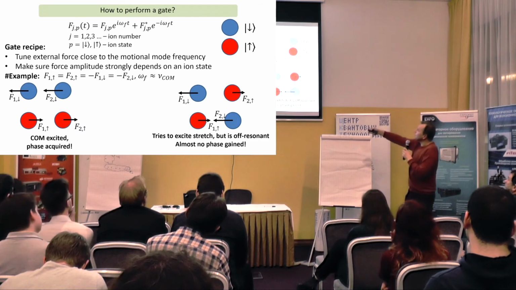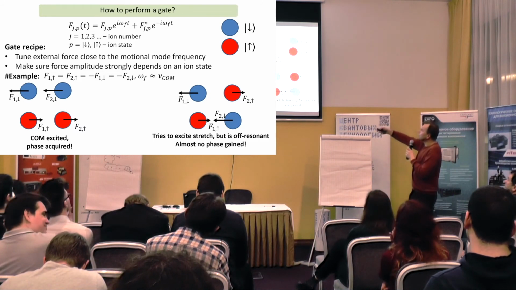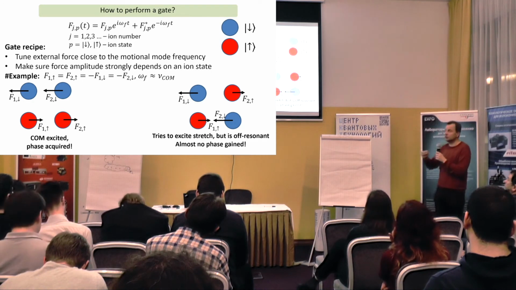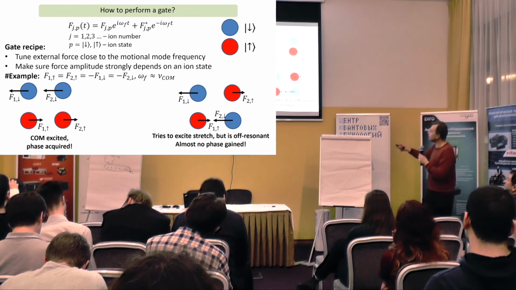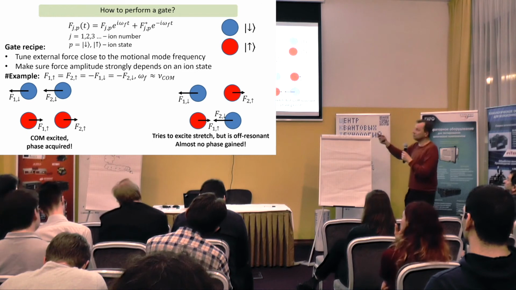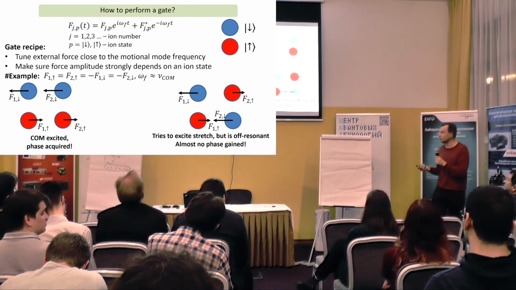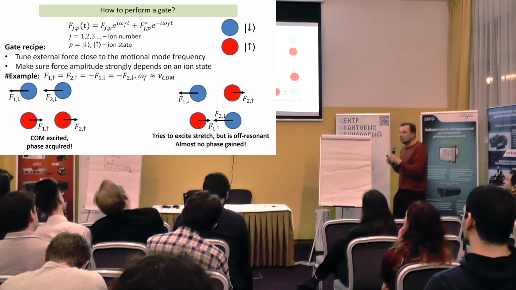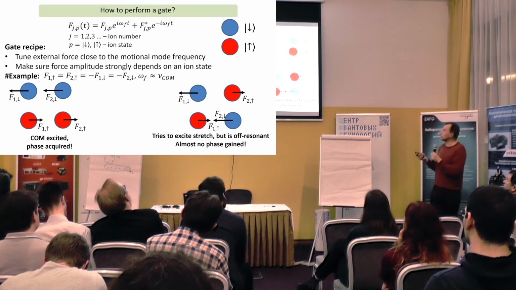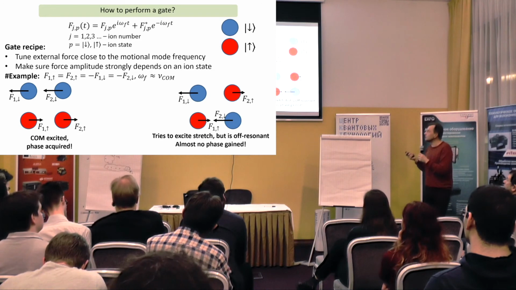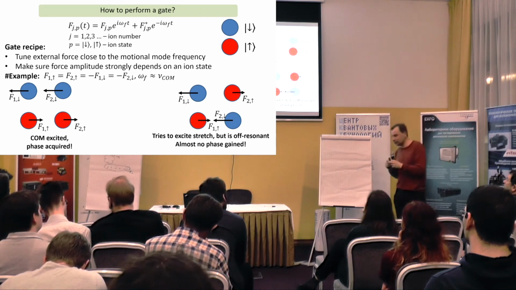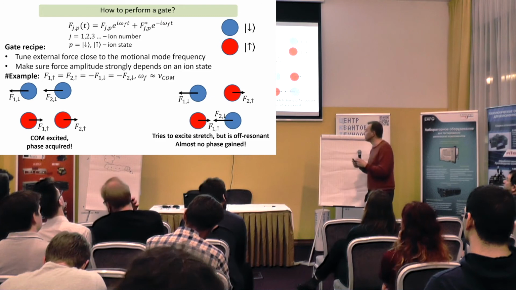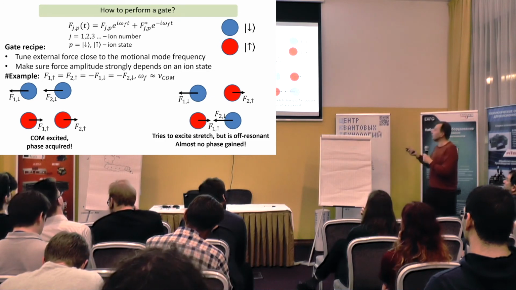And the gate recipe is the following. We have to tune the external force to one of the motional mode frequencies, for example the common mode. Typically people work with the common mode. We have to find a force whose amplitude depends on the ion state, so we either work with different polarizabilities of the states or something else.